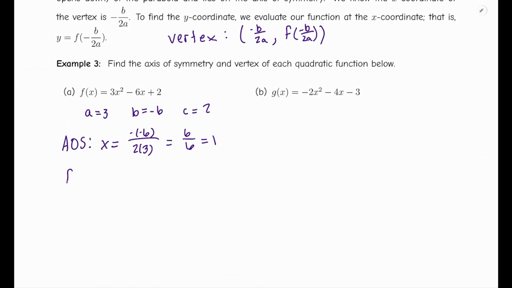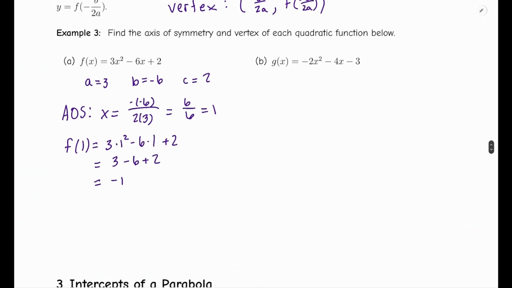Then for the vertex, I need to do f of 1, which is 3 times 1 squared minus 6 times 1 plus 2, which is 3 minus 6 plus 2, which is -1. So then the vertex is the coordinate 1 from the axis of symmetry and -1 from the calculations we just did.